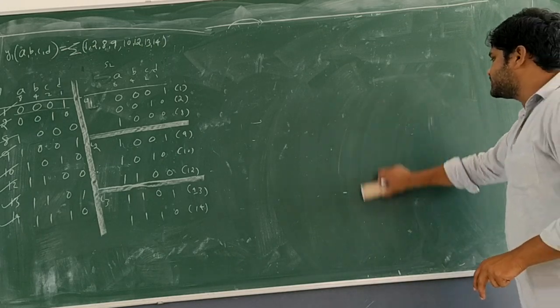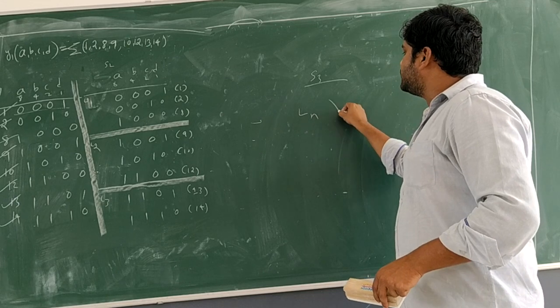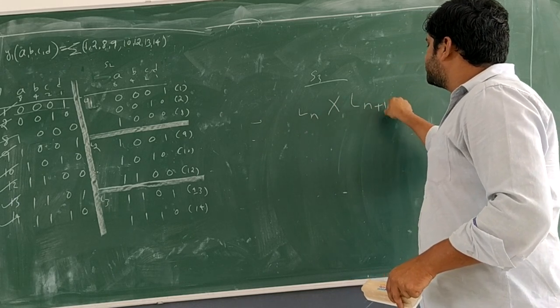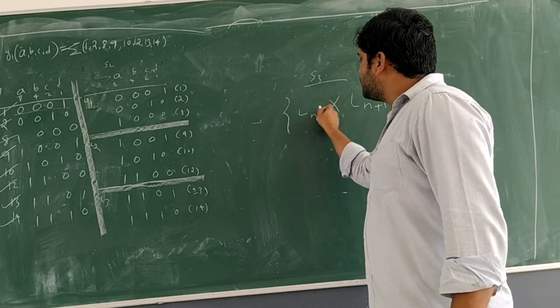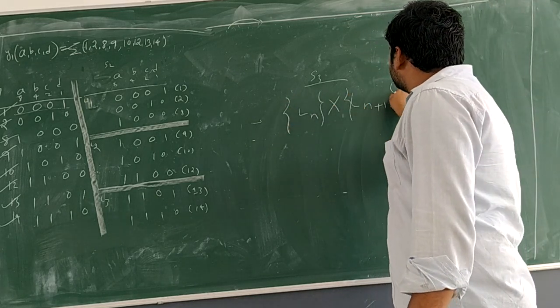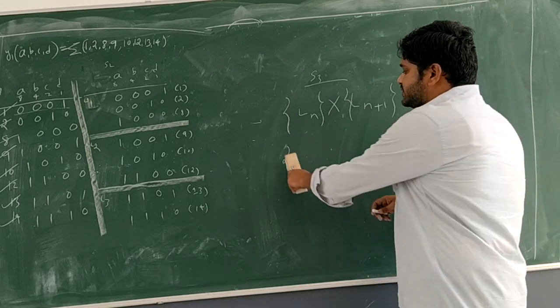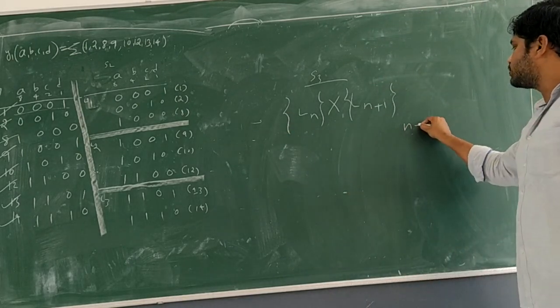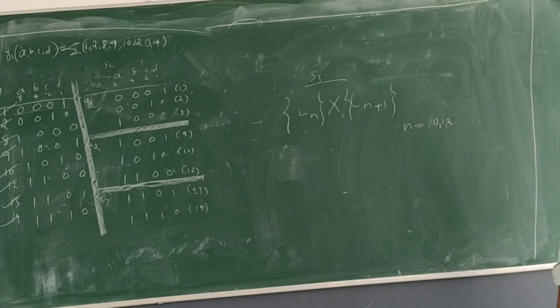That is comparison. Definition of step 3: Ln Cartesian product with Ln plus 1. Remember, these are sets. What is the rule for n? 0, 1, 2, and so on.